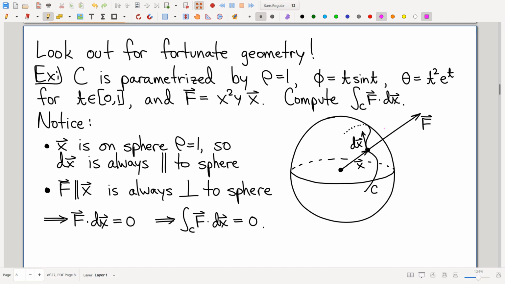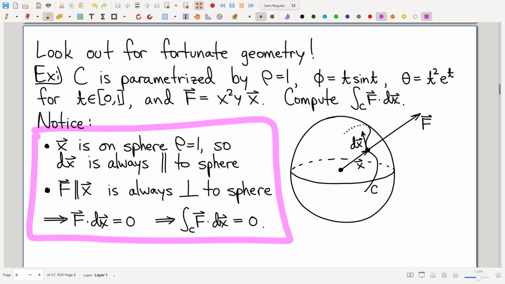You'll notice here that I've written down a couple of quick notes, and it's pretty terse, right? This isn't a horrendous amount of writing to do, but you see I'm documenting all the key ideas, parameterizations on the sphere. Therefore, dx is parallel to the sphere. Something along these lines is, I would say, plenty.